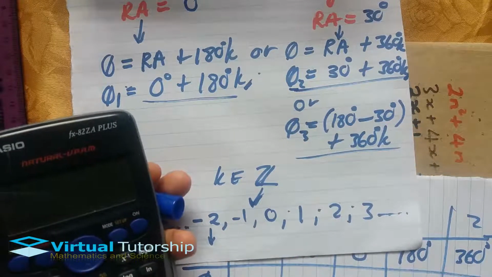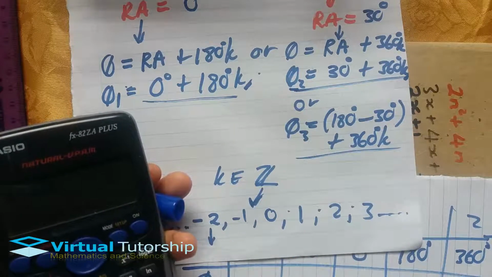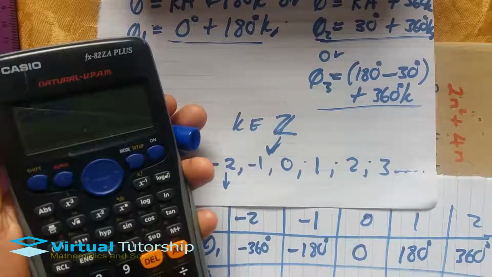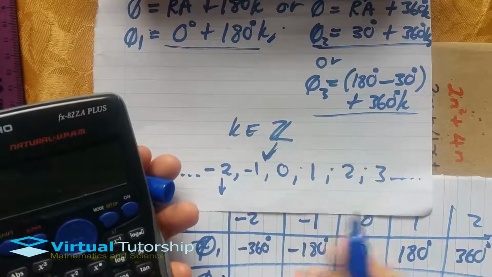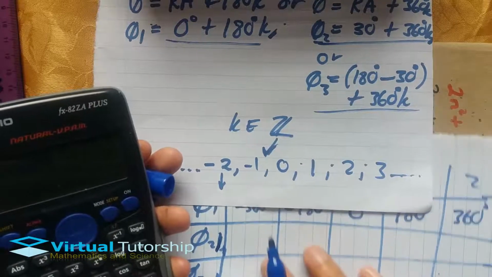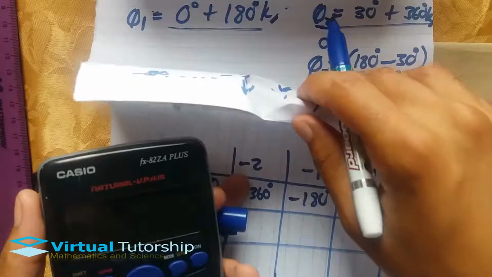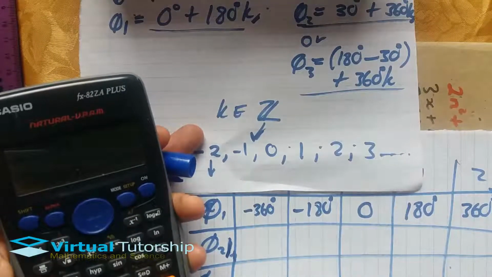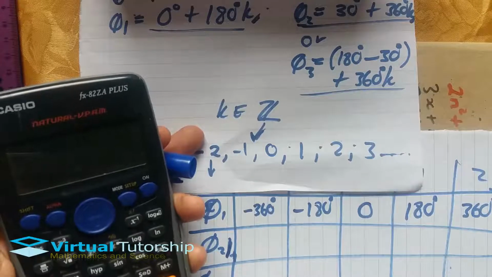For theta number 2, theta 2, it's 30 degrees plus 360 degrees times k. K wethu wokuqala ubani? U-minus 2 for theta 2, so somsubstitute u-minus 2, ne?